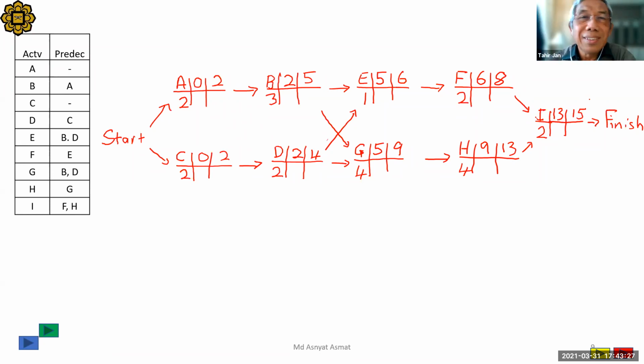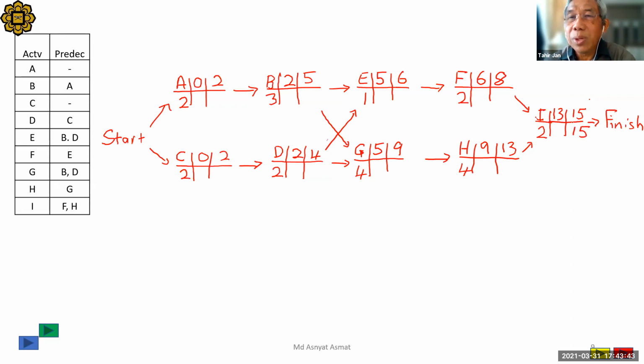Okay, so we are done with the forward pass. Let's do backward. When is the late finish for the whole project, activity I? 15.